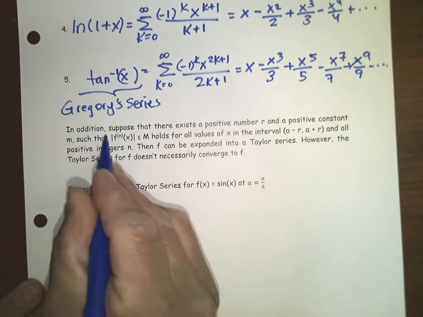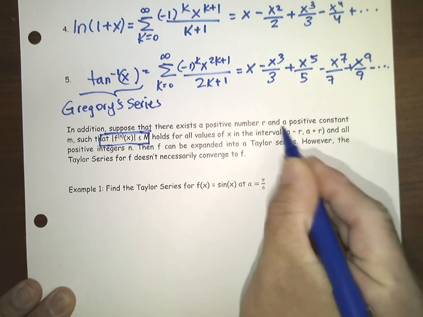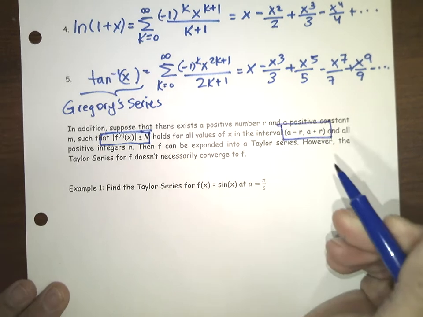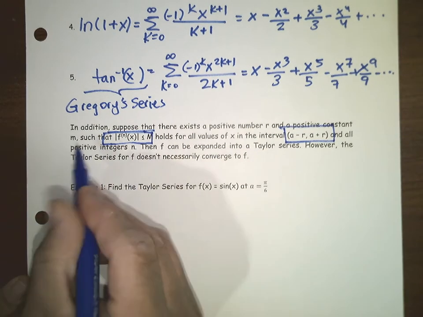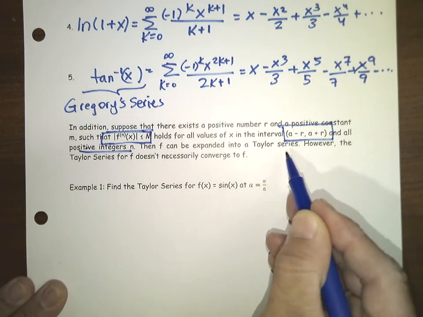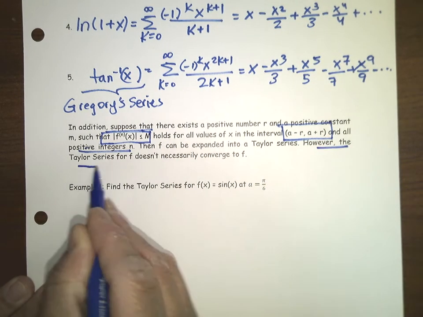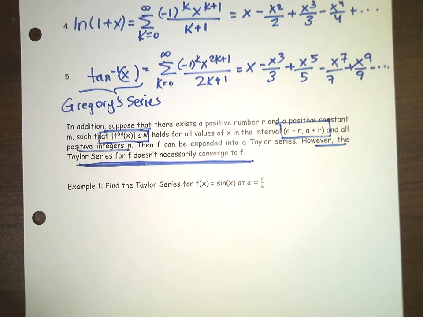So this holds for all values of x in the interval from a minus r to a plus r, and all positive integers n. Then f can be expanded into a Taylor series. However, the Taylor series for f doesn't necessarily converge to f. So let's take some examples of this right now, of just finding some Taylor series.